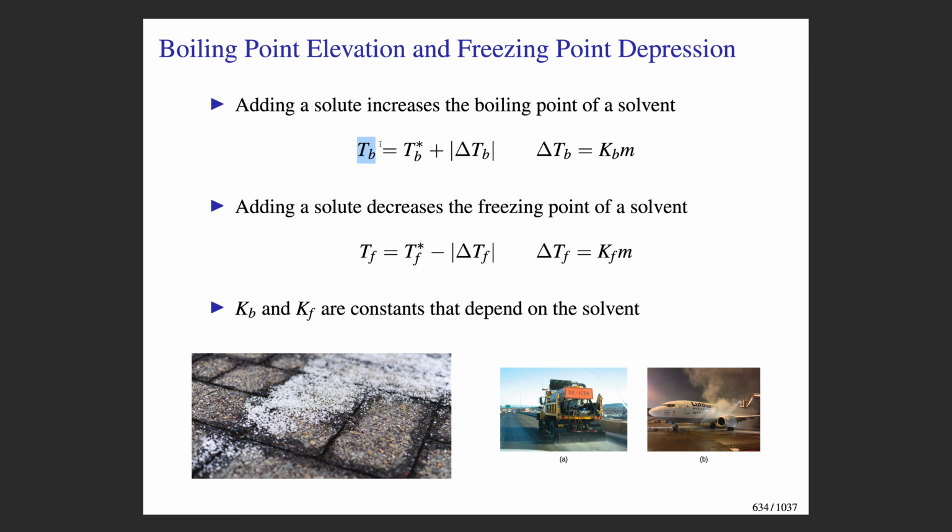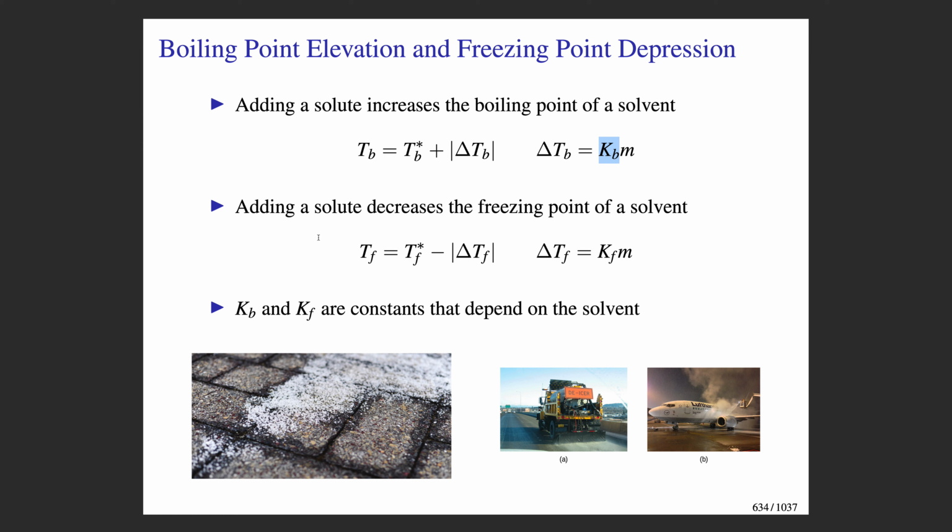Notice those are different quantities, the boiling point elevation and the boiling point of the solvent. The magnitude of the boiling point elevation depends only on the concentration of the solute. It does not depend upon the identity of the solute. Kb is a constant for the solvent, so Kb takes on different values for different solvents.